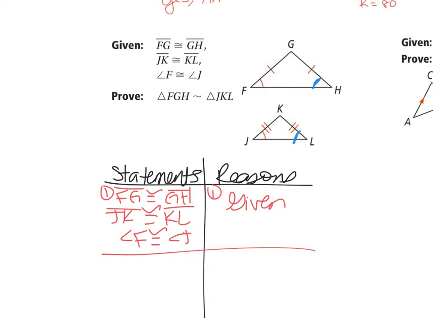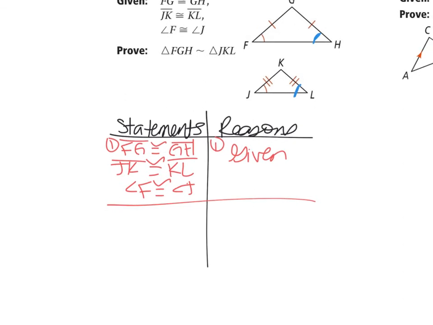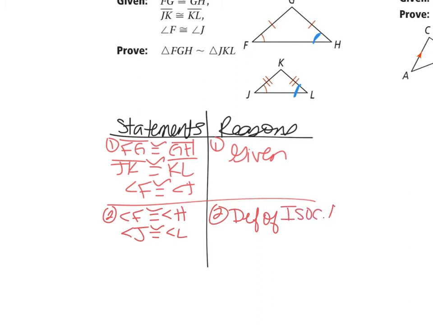So now we need to say that in our proof, this is step 2, angle F is congruent to angle H, and angle J is congruent to angle L. And as long as you have something about the isosceles triangle, either the definition of an isosceles triangle or the isosceles triangle theorem, I'll be okay with it. Let's say the definition of isosceles triangle. I'm gonna keep it simple.